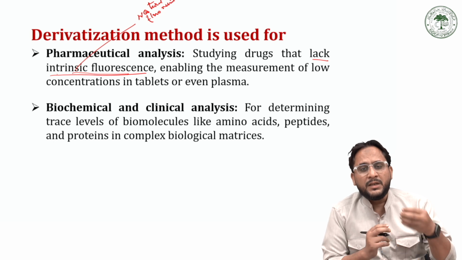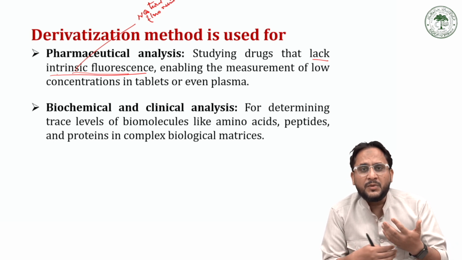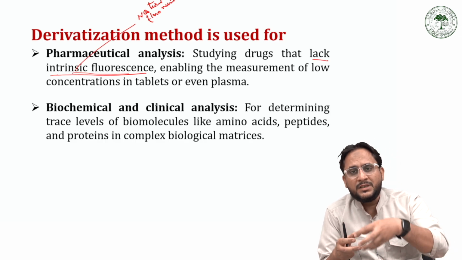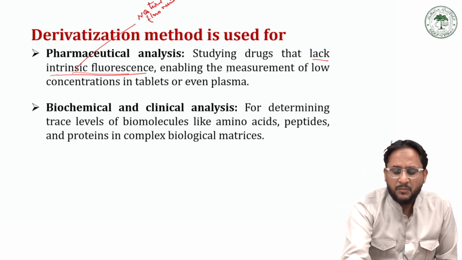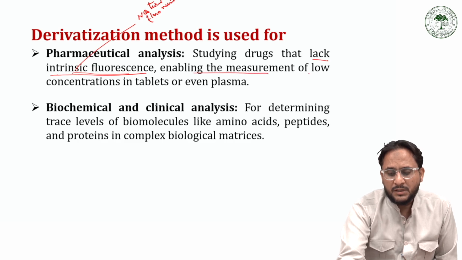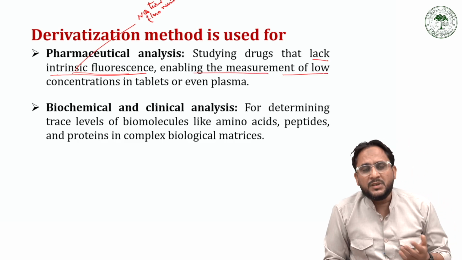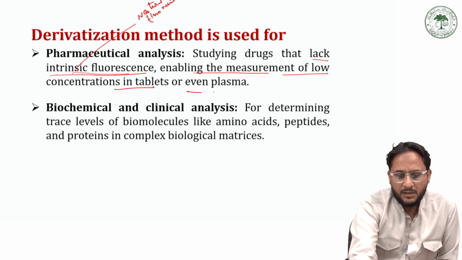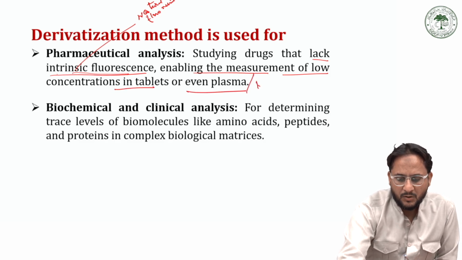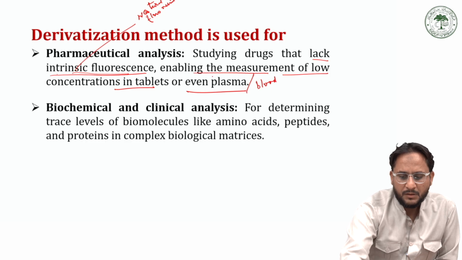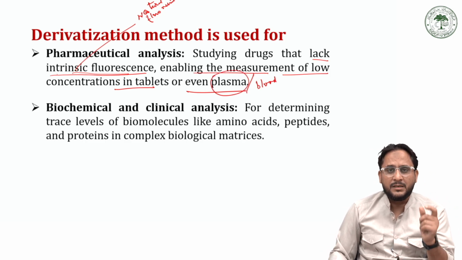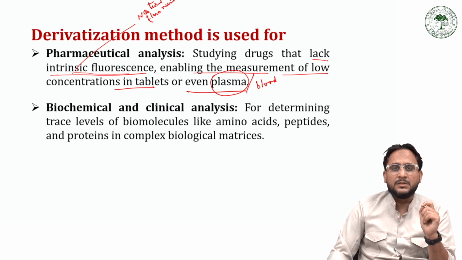be analyzed by converting them to derivatized compounds which are fluorescent, or I should say by adding fluorescent tags to those drugs. Then these drugs become fluorescent, and their concentration can be easily determined in medicines, tablets, or even plasma or blood. Plasma is the liquid part of the blood. Sometimes we also call it serum.